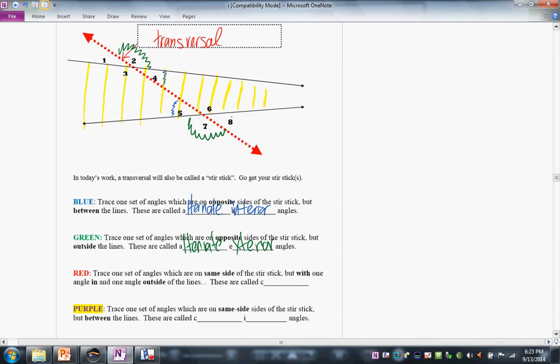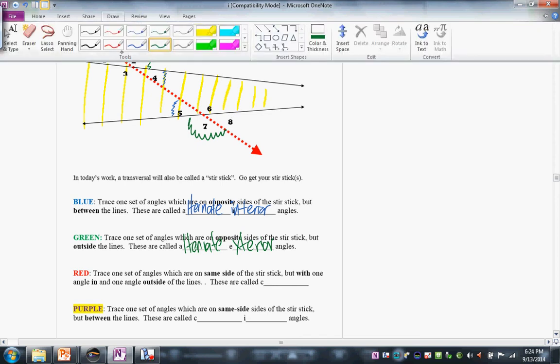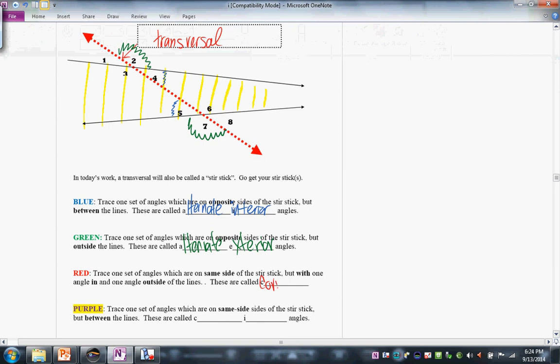We're going to trace one set of angles that are on the same side of the stir stick, but one angle in and one angle out. Same side of the stir stick, one angle in, one angle out. These are called corresponding. So an example of this would be angle 4 would be the in angle, and angle 8 would be the out angle, and they're on the same side of the stir stick.